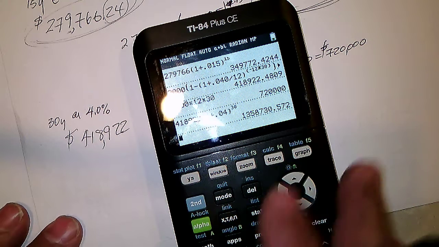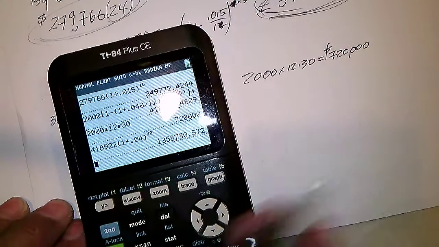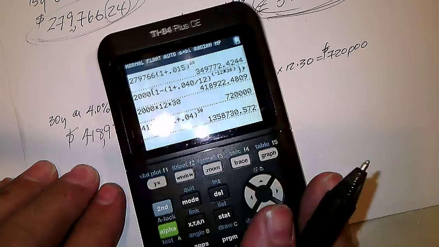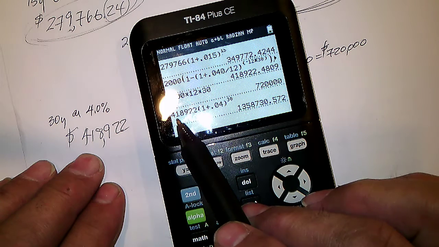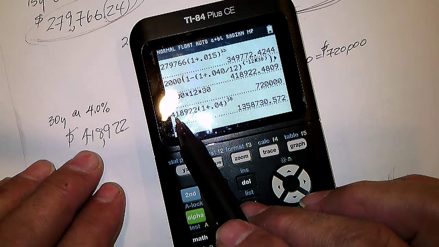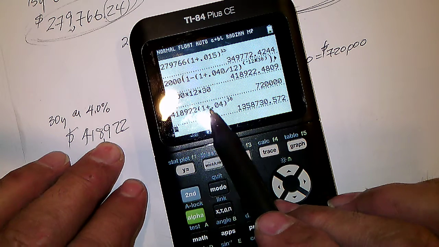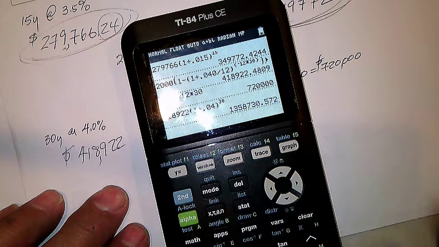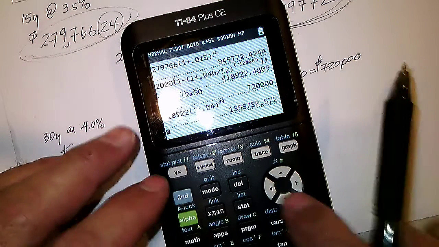And we get the value. Did I get all that in there? $418,122, 1 plus 0.0. Oh no, wait a minute. The house values are going up 0.015. That's what I did wrong.